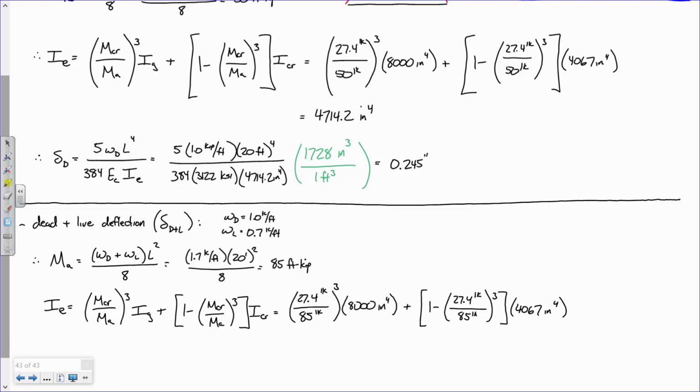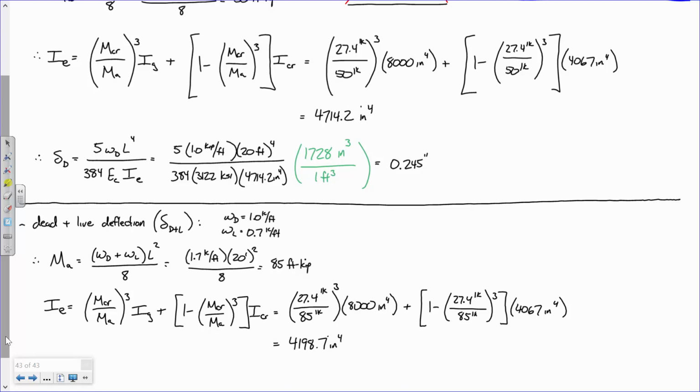Okay, and what does this come out to be? 4198.8 or 7? 4198.7 inches to the fourth.